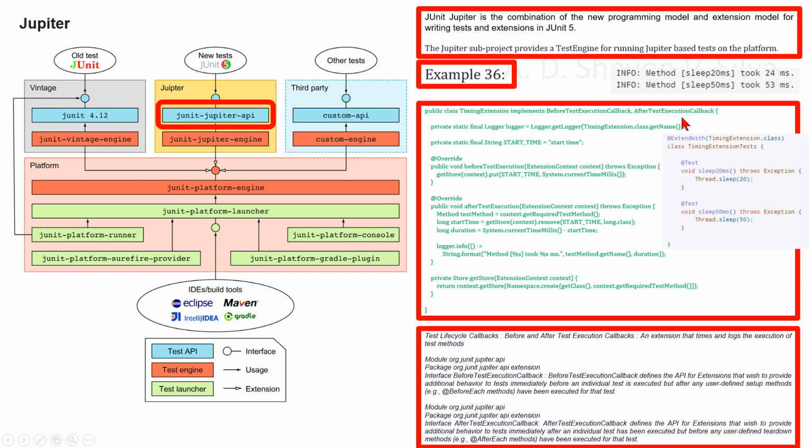BeforeTestExecutionCallback and AfterTestExecutionCallback define the API for extensions that wish to add behavior that will be executed immediately before and immediately after a test method is executed, respectively.